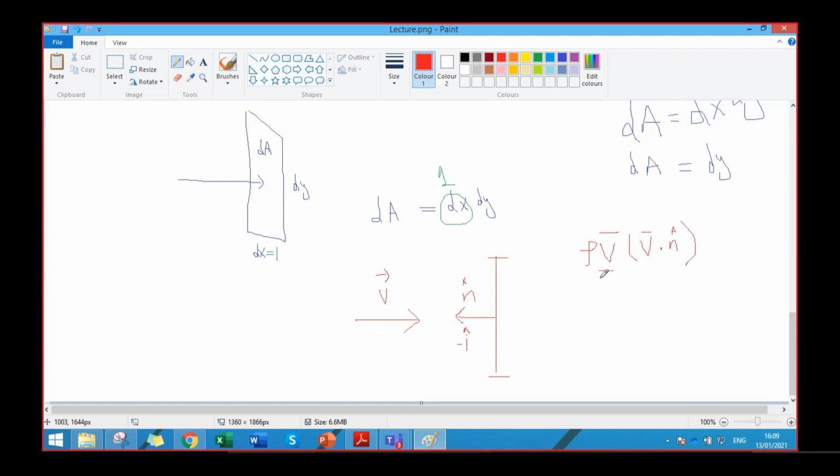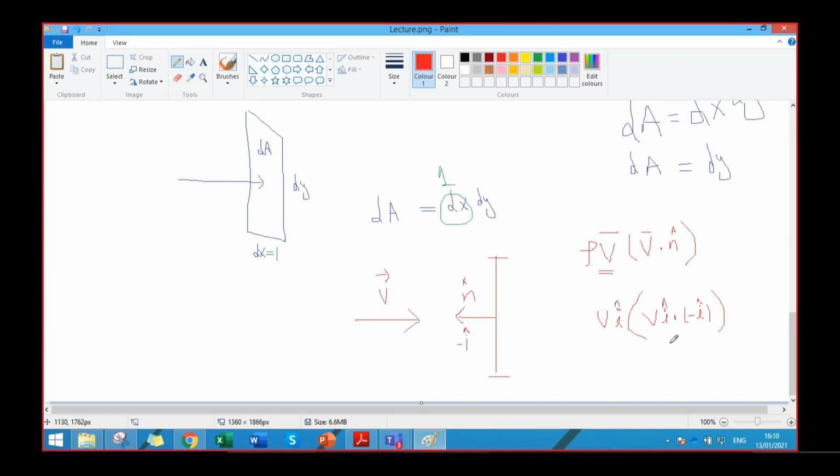If I write the scalar form of it, that would be v magnitude into I. And if I write the scalar form of the second v, that would be v into I, because it is the same v. And finally, I take the dot product with n, that is negative I, right? Is it clear?